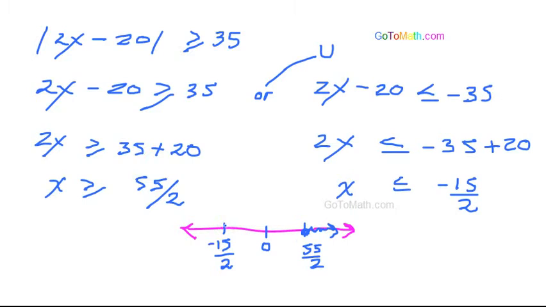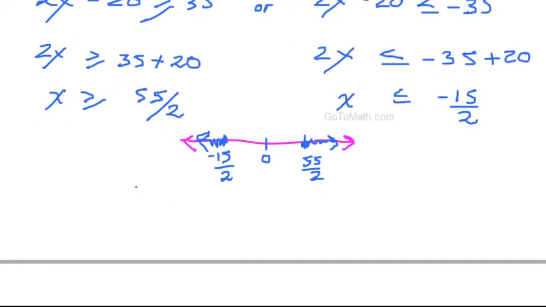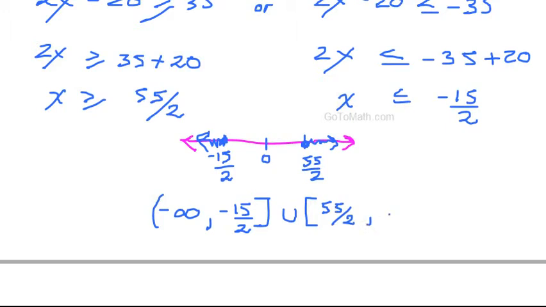Everything to the right, x is greater than or equal to; everything to the left, x is less than or equal to. So we have negative infinity to negative 15 over 2. Since it's a solid dot, we use brackets, union, bracket, 55 over 2 to infinity, like that right there. Okay?